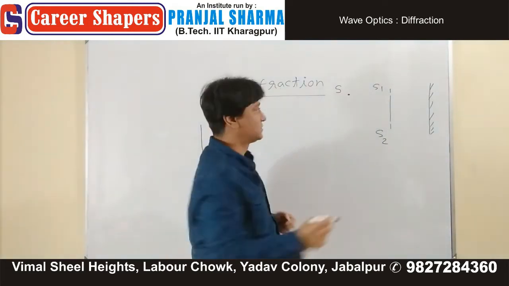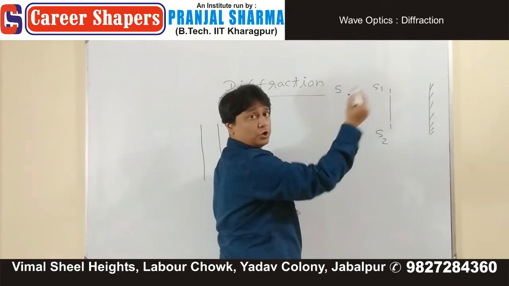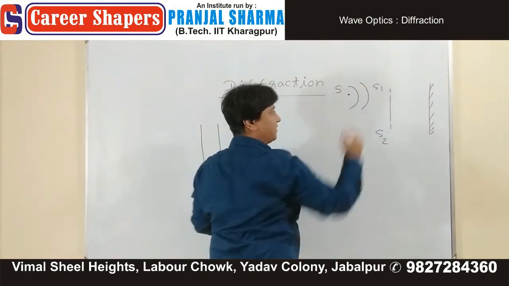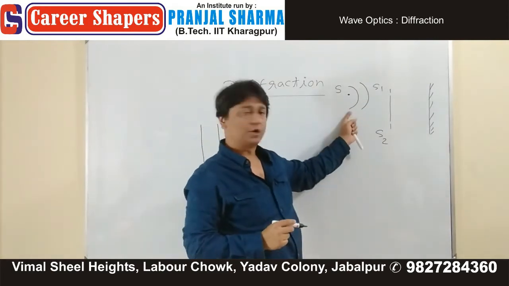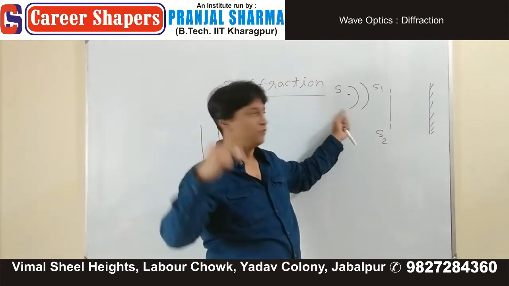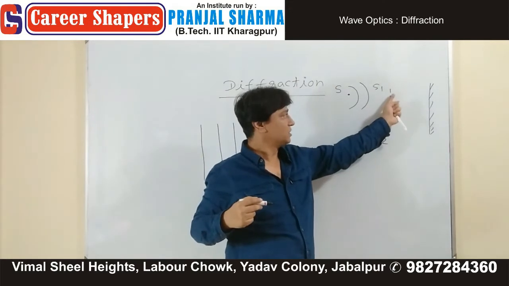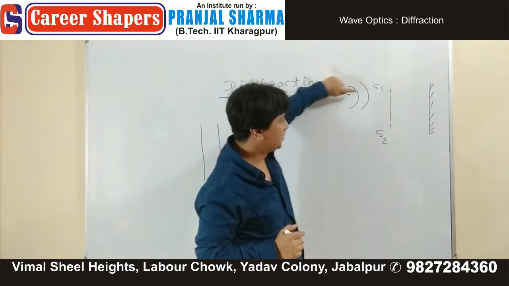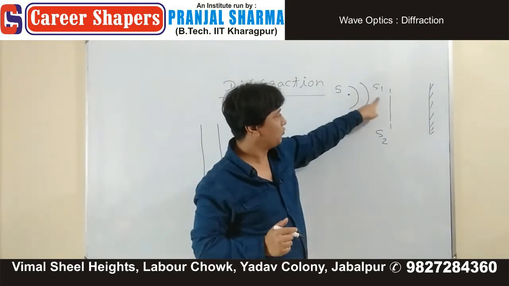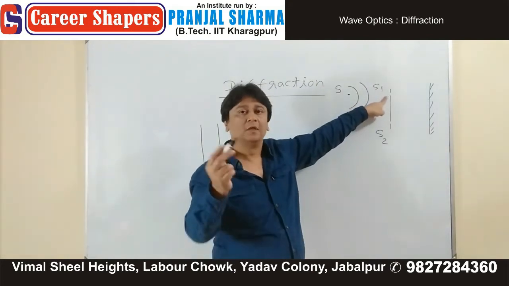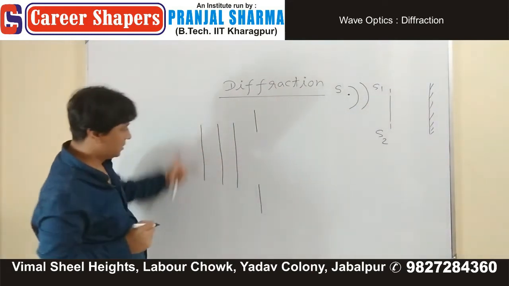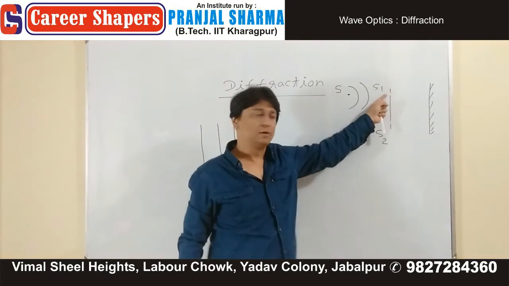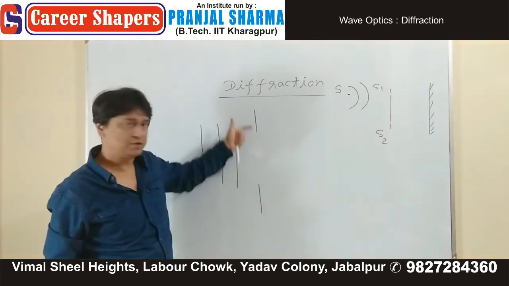All the waves coming from S give us spherical wavefronts. These are not circular arcs, these are complete spherical wavefronts, and they are reaching S1. The size of S1 is very small, and therefore when these wavefronts reach this place, they will just look like parallel wavefronts.